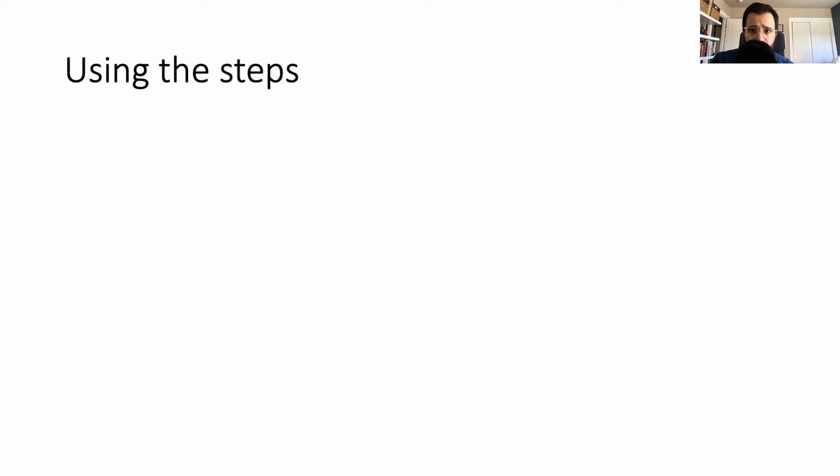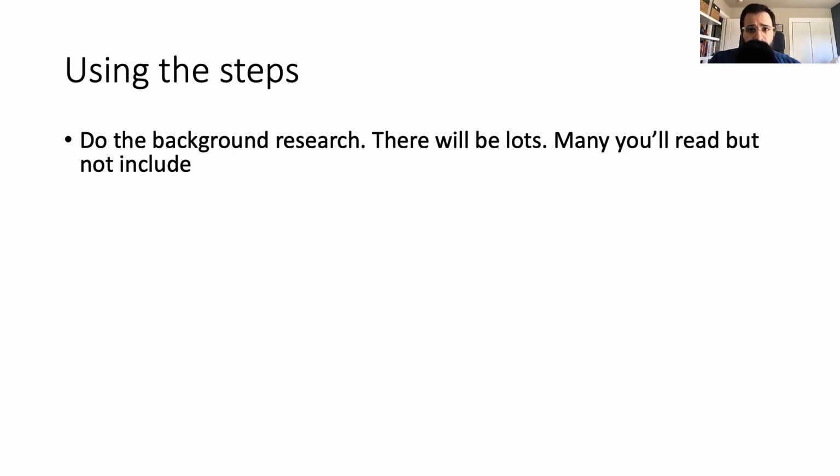So with those steps, it's important that you do the background research before you move too far into them, because there will be lots to do. There is a good 100 years of work in psychology, almost 150 now. There will be lots of papers you'll read but don't include, and that's okay. That's part of this process.